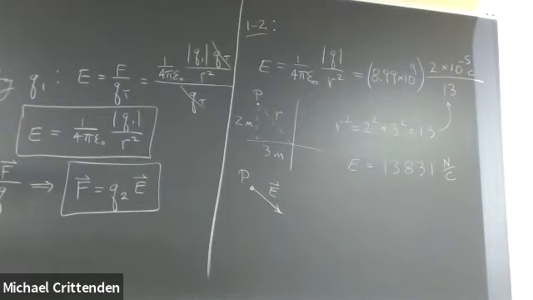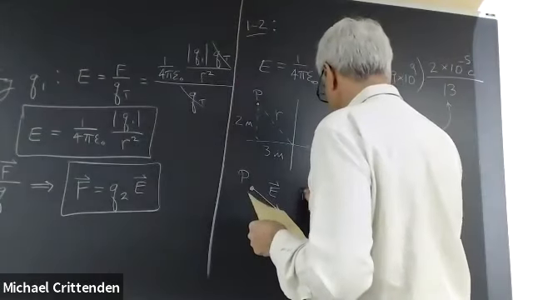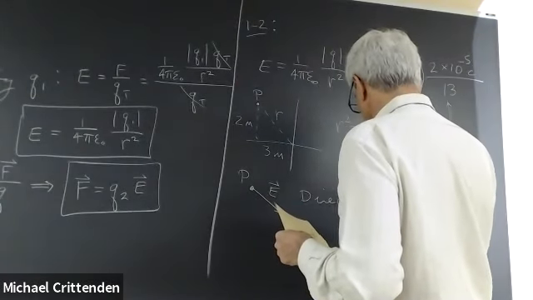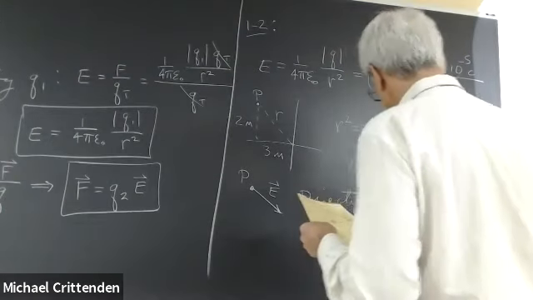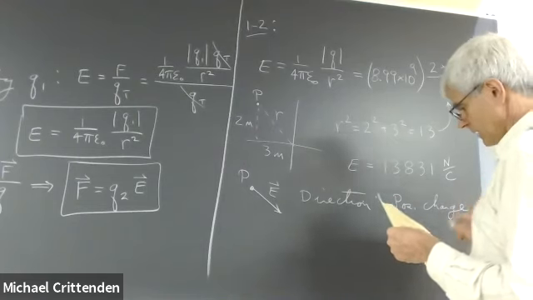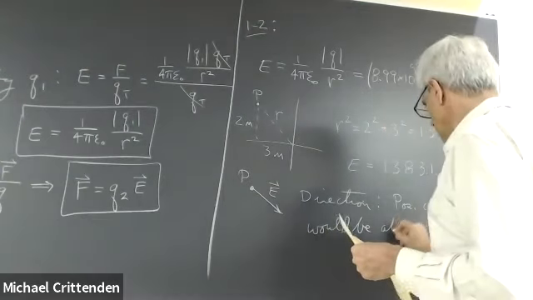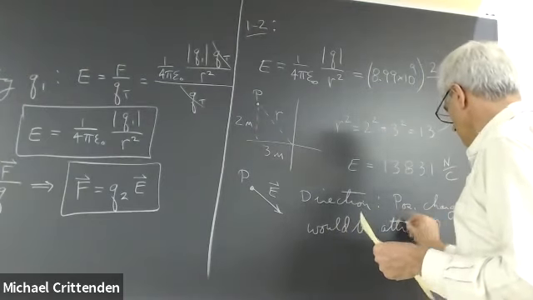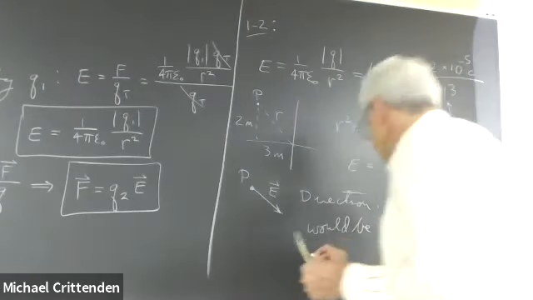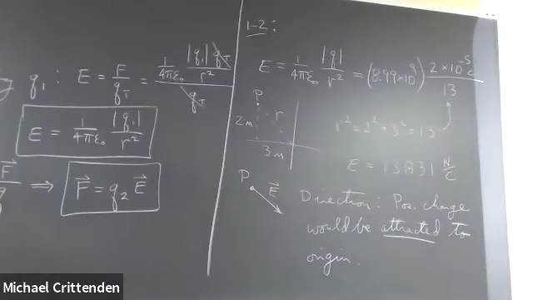It points right straight at the origin, down and to the right. A positive charge would be attracted to the origin, so that's the direction of the field.